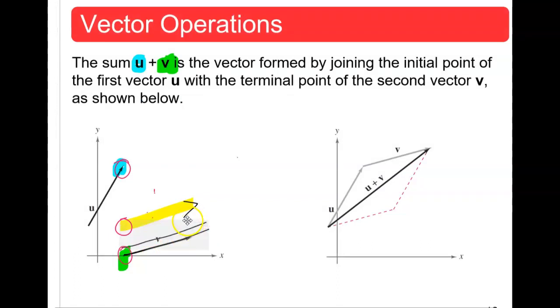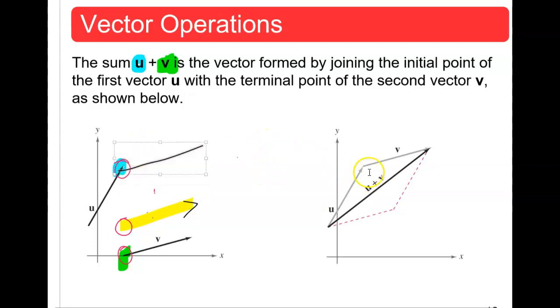Imagine this is vector v. I know it's a little longer, but if we try to move that, I'm trying to position the initial side of that vector so that it overlaps with the terminal side of the first vector. If I continue to move it, it will look like that.